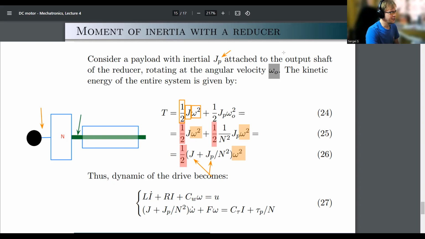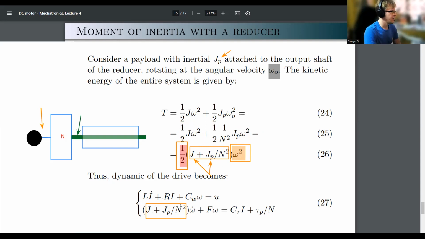And nothing changes. It is the same. The same is true here. So it is 1/2 inertia angular velocity squared. So this guy is inertia. So inertia in this equation would have this form: J plus Jp over n squared. That is inertia. And it somehow makes sense, right?